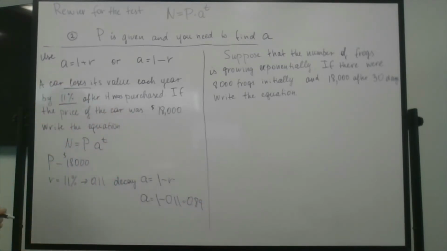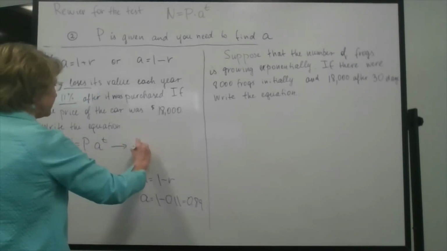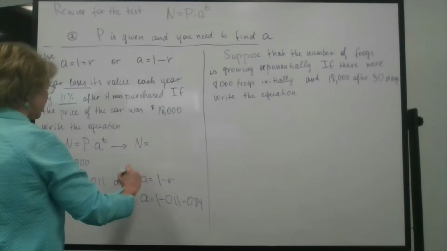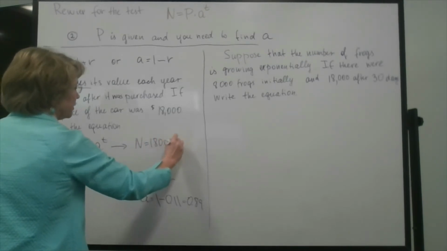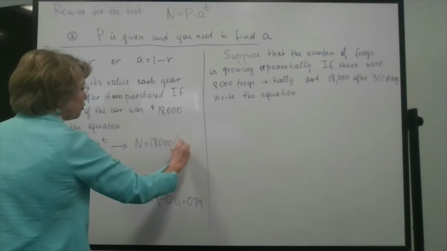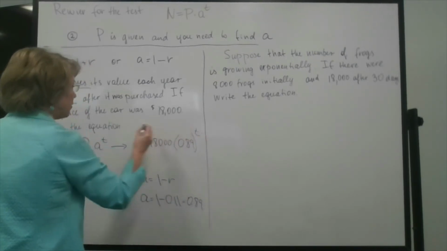Okay, now we know everything, we're ready to write the equation down. The equation will be N is equal to 18,000 times 0.89 to the T power.